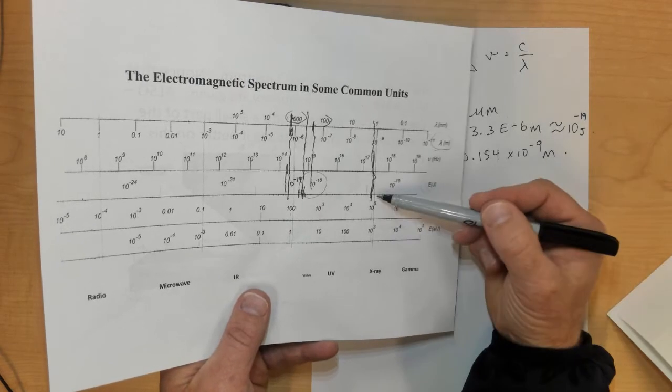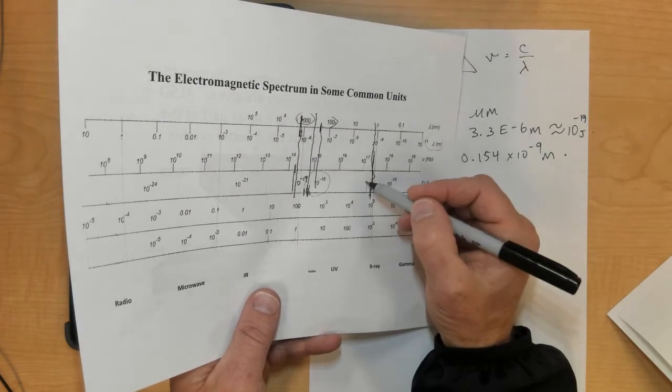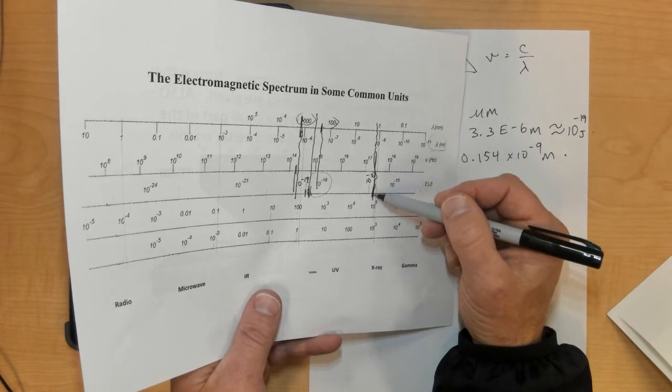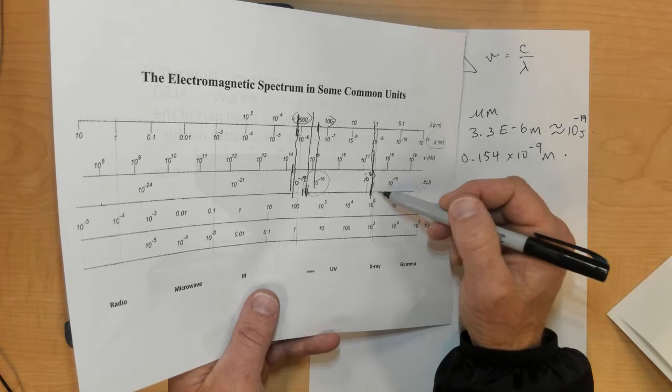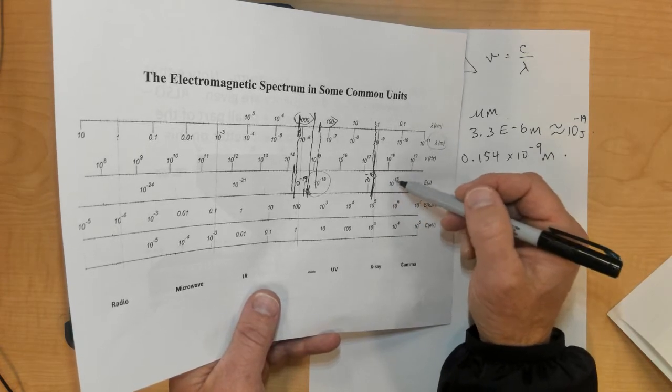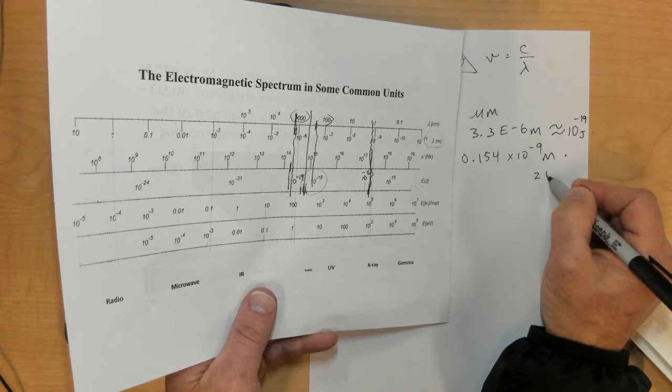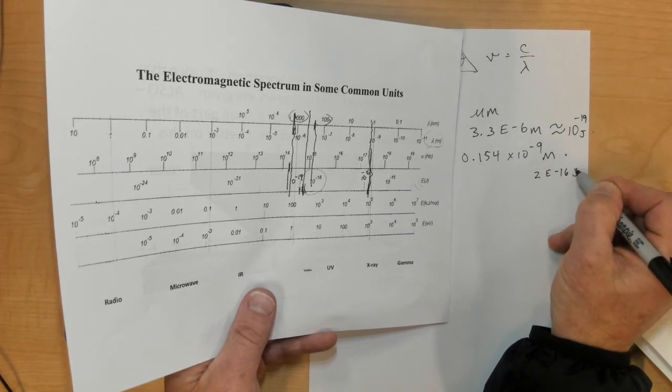I'm sorry, this is 10 to the negative 16th, and so we'd be some number like 1 times 10 to the negative 16th, 2, 3, 4, 5, 6, 7, 8, 9, and then we'd get to 1 times 10 to the negative 15th. So this would probably be like 2 times 10 to the negative 16th joules or so.